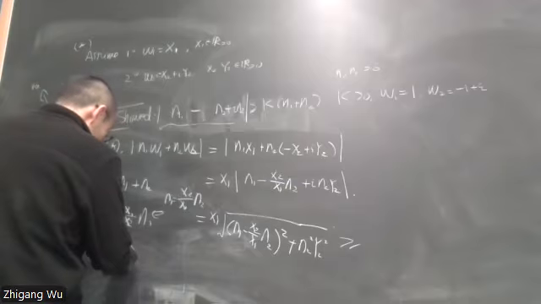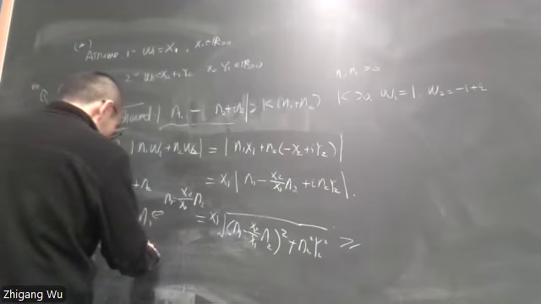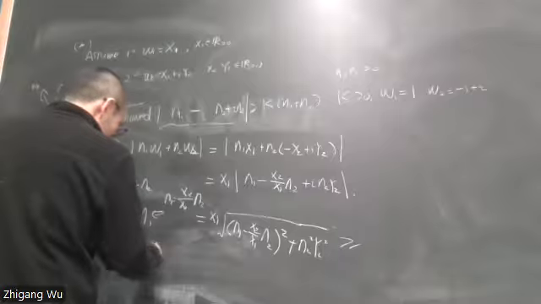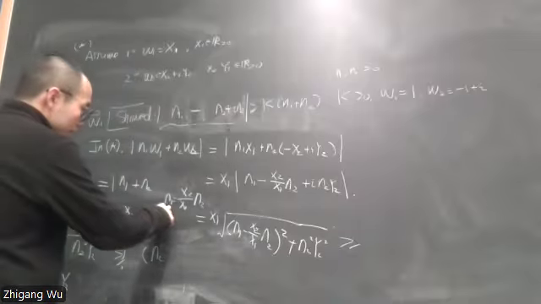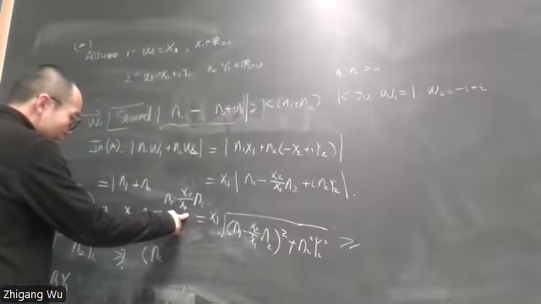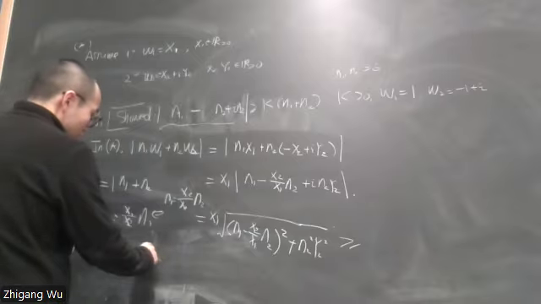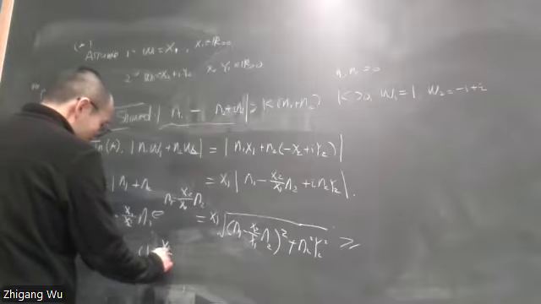So I want a lower bound that's in terms of n2. So basically I pull out this, I set n1 as this one, and then I add 1 to it. So then it becomes n2 times 1 plus x2 over x1.